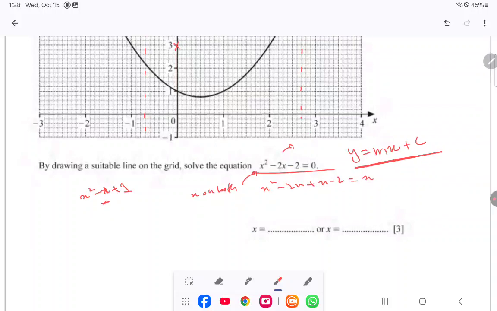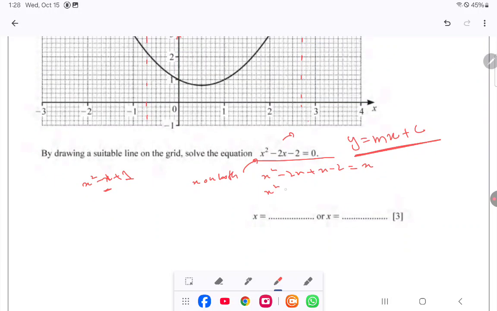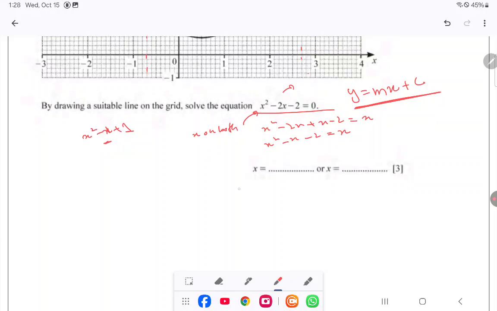So x squared minus 2x plus x gives you negative x, and negative 2 equals x. Now we add positive 3 on both sides to get x squared minus x, negative 2 plus 3, equals x plus 3.